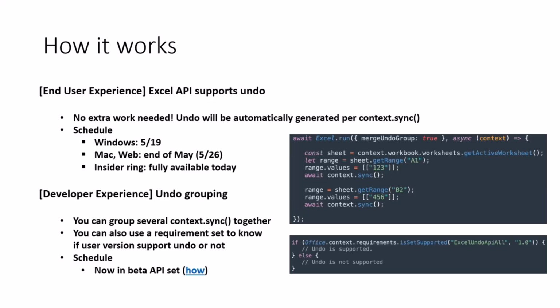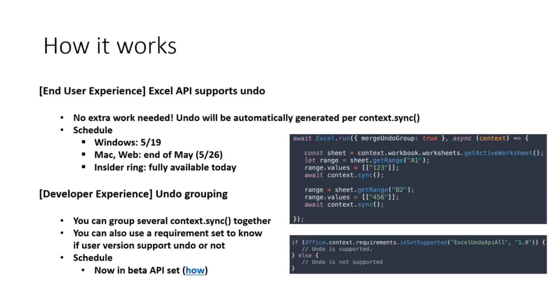We showed a little bit in the code snippet here. Inside Excel run, we put two different context syncs, and it can include as many as you wish. If we put them into one Excel run, then it can be automatically grouped into one undo stack. So this can help us better tailor the experience.